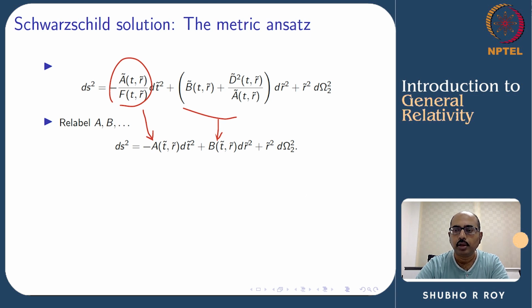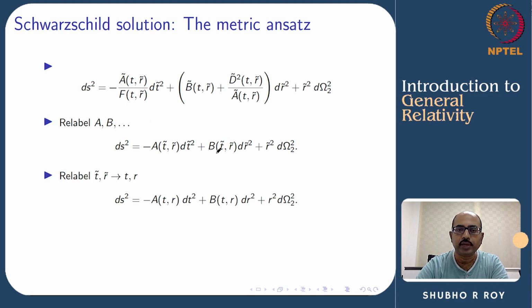Okay. And then further simplification, we can get rid of the tildes. We haven't determined the coordinate system. This is a generic coordinate system. Whether we call them t tilde or t doesn't matter. So I will relabel t tilde to be t, and I will relabel r tilde to r.